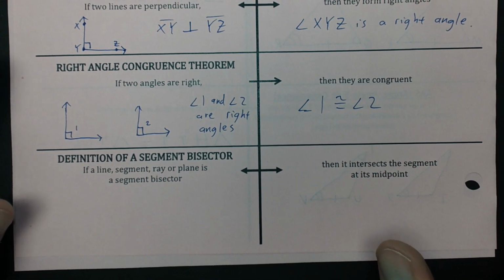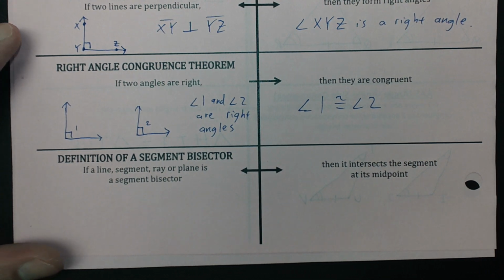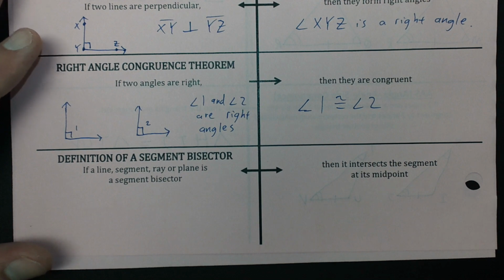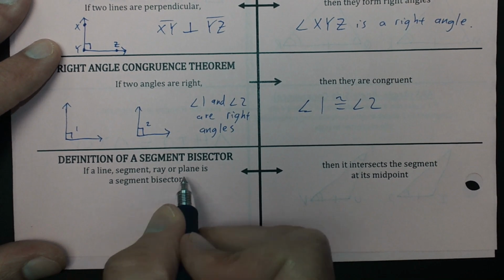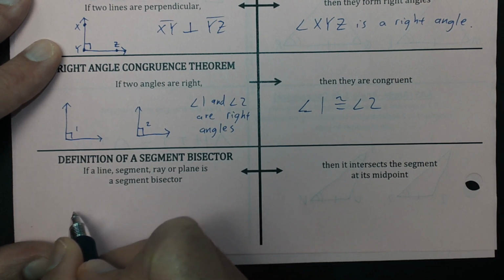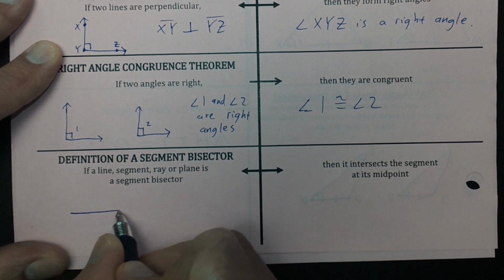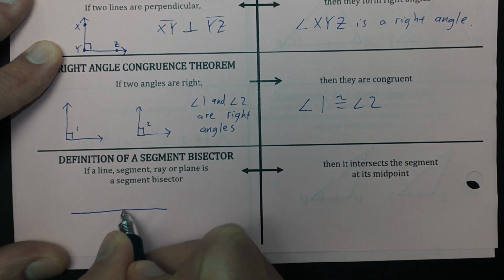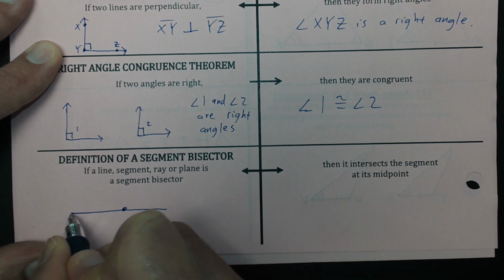Definition of segment bisector. We've talked about angle bisectors, but I don't think we have ever talked about segment bisectors on the pink sheets. So this is where we're going to do that. If a line, segment, or ray is a segment bisector, then it intersects the segment at its midpoint. Bisector, remember, means you're cutting something into half, two equal halves.